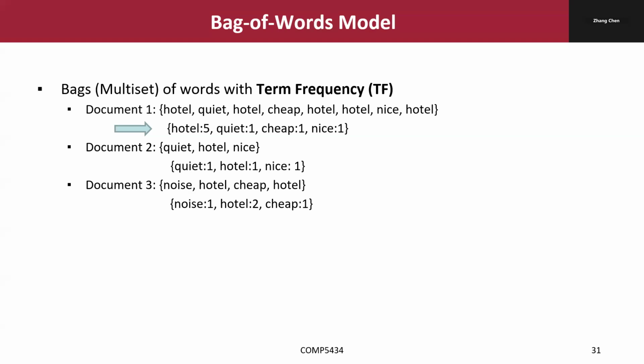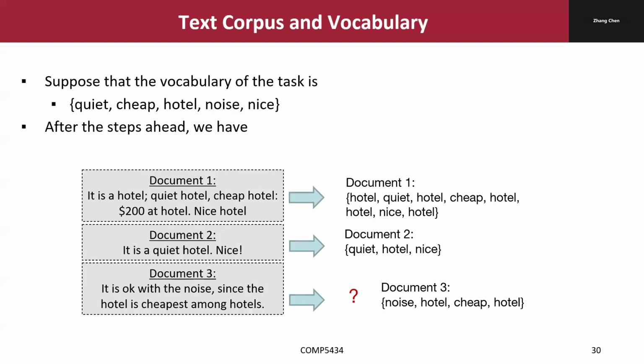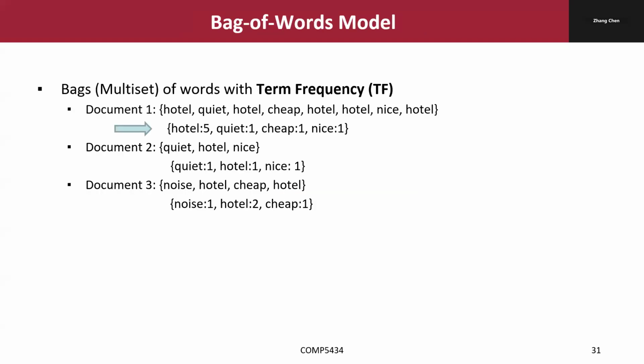So in our example, we have three documents from the previous example. We can see that document 1 contains the words hotel, quiet, cheap and nice, with specific frequencies for each word. Notably, hotel appears 5 times. So the bag of words will indicate the vocabulary and how many times each word appears in the documents.